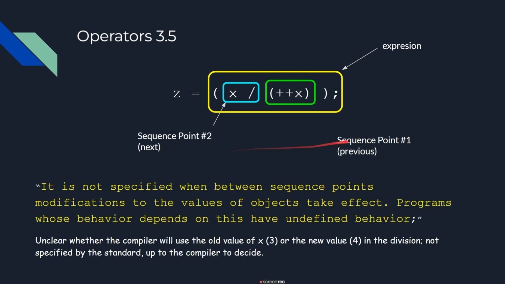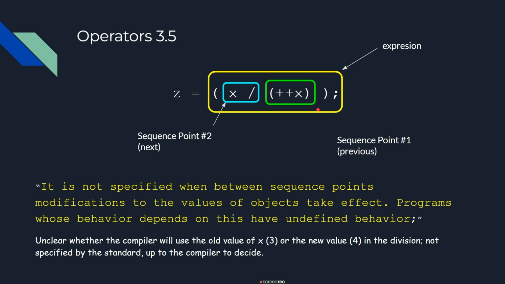According to the standard, there is not a specified way of determining what the sequence points would be. But in this case, between these two sequence points, one where we're going to increment the value of x, and the other where we use that value of x for the division, it is unclear whether or not the value of x would be incremented, and then that incremented value would be used as the numerator or not.